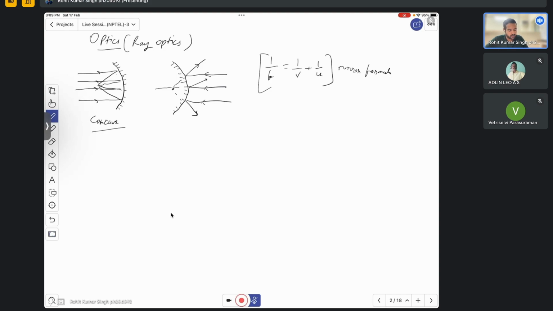Then we have the formula for magnification, which is the ratio of the height of the image and the height of the object, and it's also equal to the image distance over the object distance, but with a negative sign. For mirrors, this is always true.